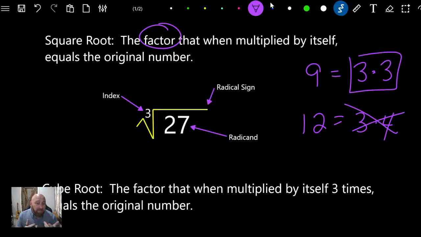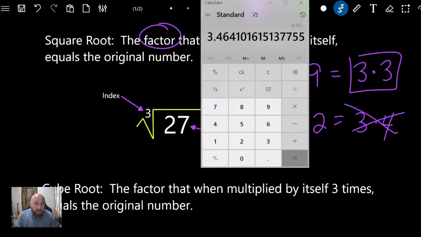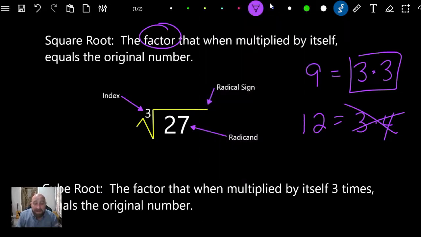It has to be rounded off. This number is actually rounded off. It's a big long number, and we round it off after the 5. There's actually more. If the calculator could show more, that number keeps going. The square root of 12 is what's called irrational. Or in other words, it doesn't really make a lot of sense.